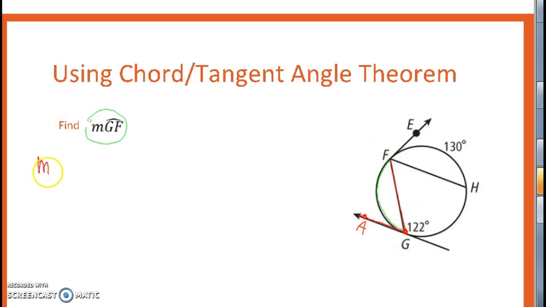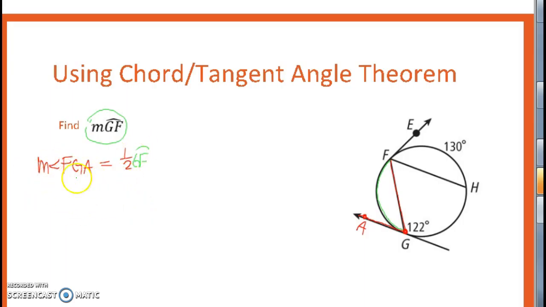So the measure of angle FGA is equal to half the measure of the green intercepted arc GF.